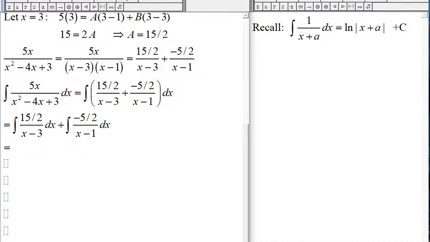And then the 15 halves, we can move that to the front, and then this is negative 5 halves.